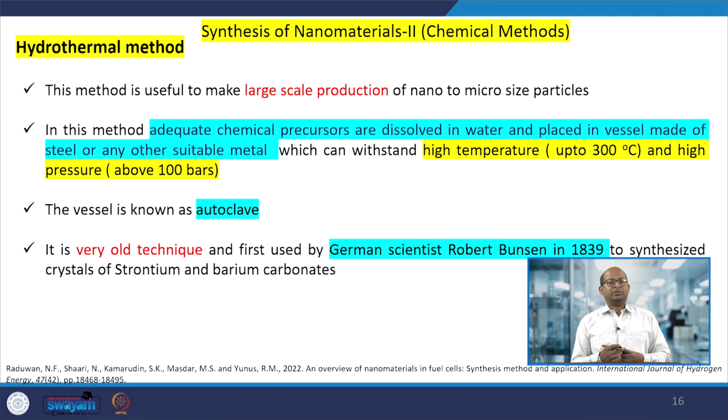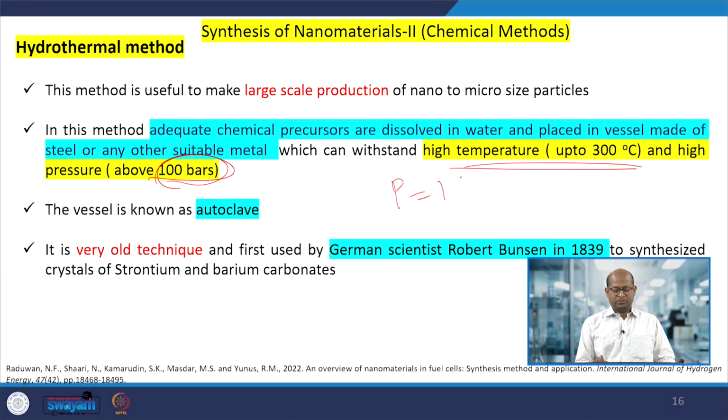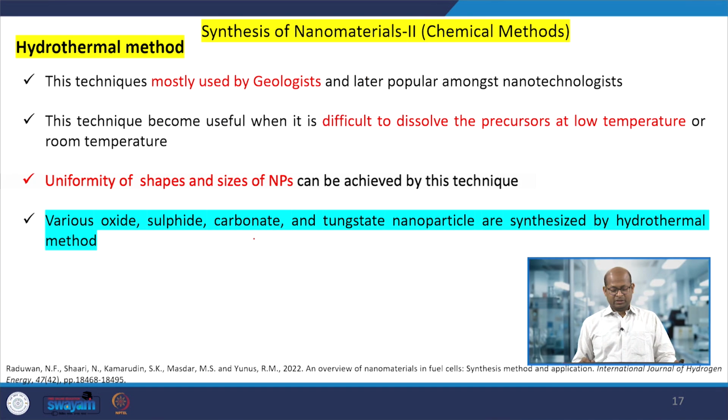In this type of method, hydrothermal methods, high temperatures we can use and high pressures, as I said. So, 1 to 100 bars, or more than that also we can use, for the synthesis of these nanomaterials in autoclaves. Okay, this is actually a very old technique.